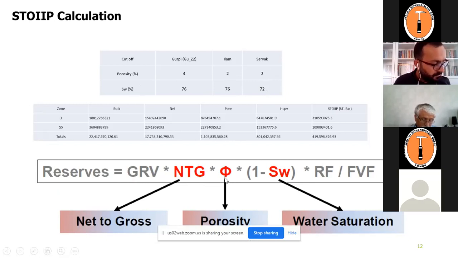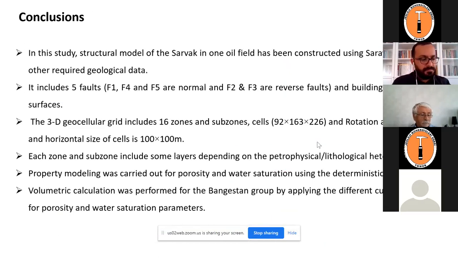And also multiplied by porosity, SO, it means 1 minus SW, and it can be divided by BO. And if we want to calculate the reserves, we need to multiply by recovery factor. According to this equation and this study, Sarvak has about 150 million barrels in standard condition.